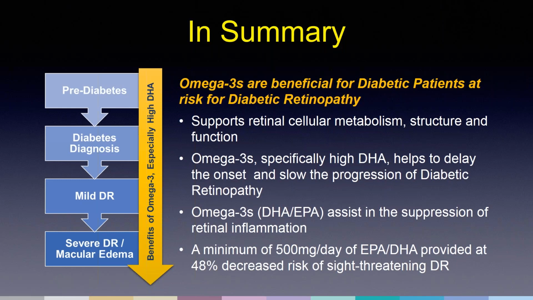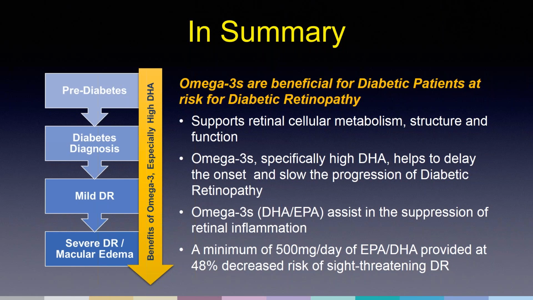So in summary, I think what I've presented tonight supports the concept that omega-3s are beneficial for diabetic patients, really at all stages. We know that DHA supports retinal cellular metabolism, structure, and function, and omega-3s, specifically the high DHA, can help to delay the onset and slow the progression of diabetic retinopathy.